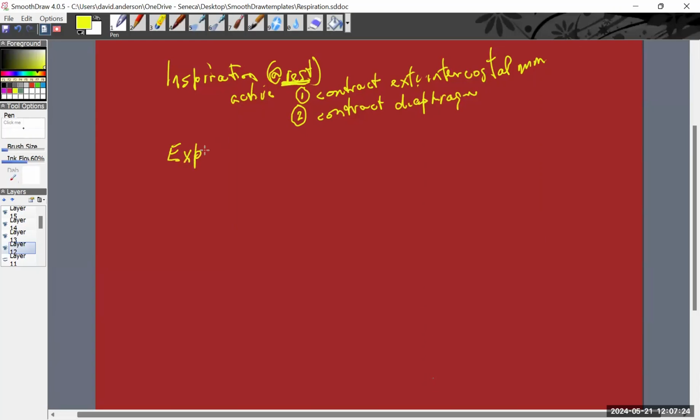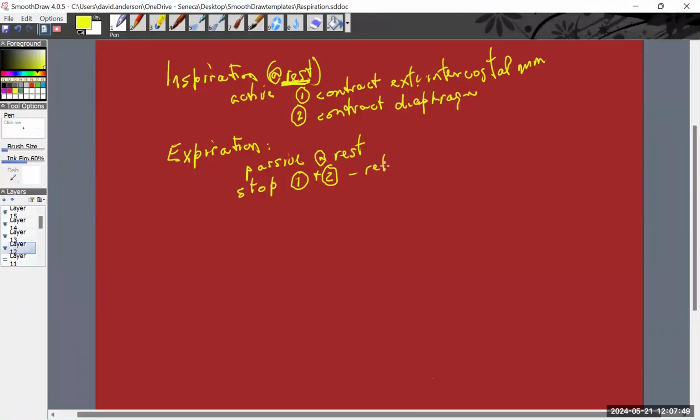Expiration is passive at rest. So all we do is stop 1 and 2, those are 1 and 2 up there, contraction.